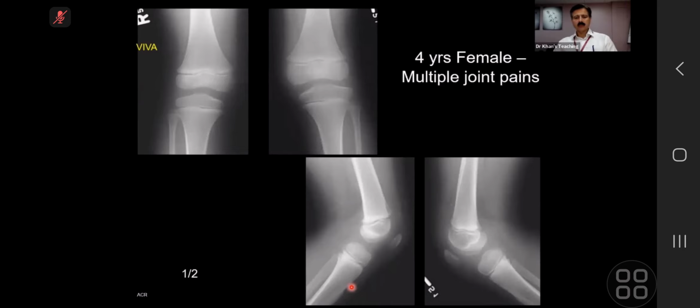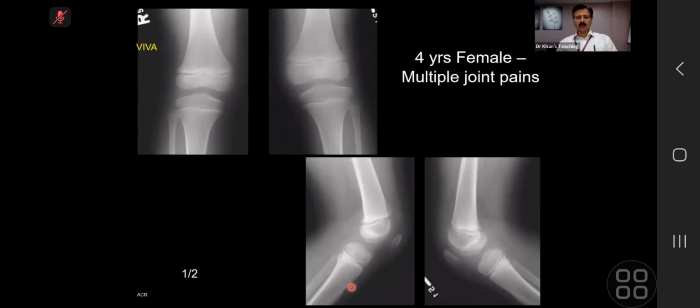Okay, I can see some articular irregularities. Okay, just concentrate on the epiphysis. Compare the epiphysis right and left. Okay, so the epiphysis on the left side is bigger and enlarged and less dense, and I think there is some articular surface irregularity.